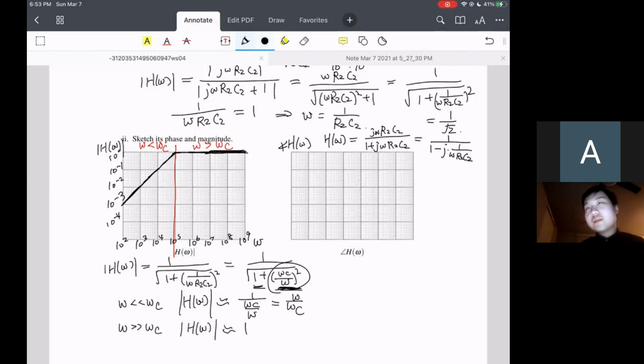So since omega c is equal to 1 over r2c2, we see that this is actually equal to 1 over 1 minus j times omega c over omega.